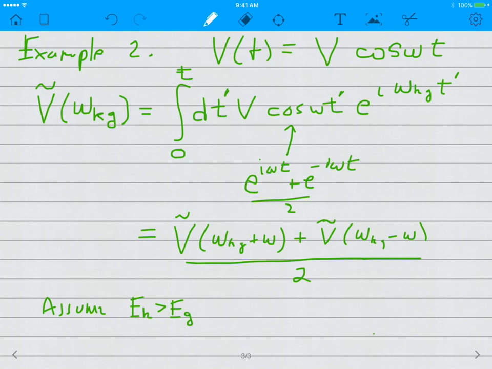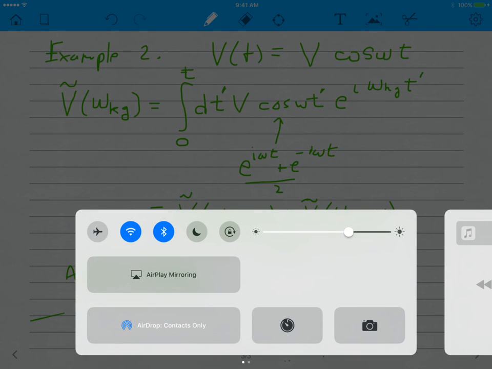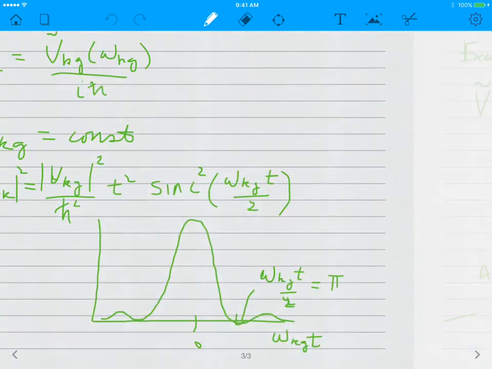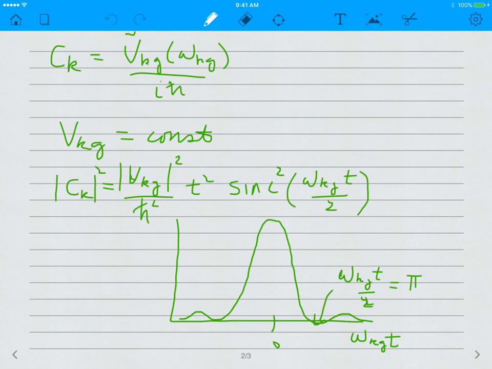Then our answer here is going to be, going back to the previous thing, remember, we're now going to replace omega kg by omega kg plus omega or omega kg minus omega. So the sinc function is only large when its argument is about 0.